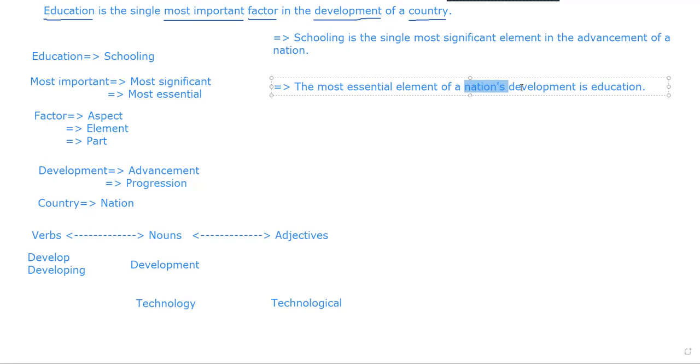The most essential element of a nation's development is education. অথবা a country's development. So this is also synonymous to those expressions. Advancement of a country's advancement, progression of a nation's progression.